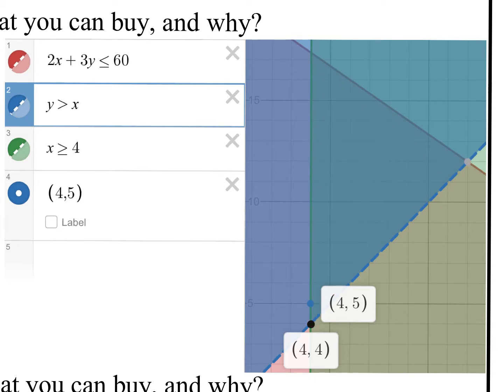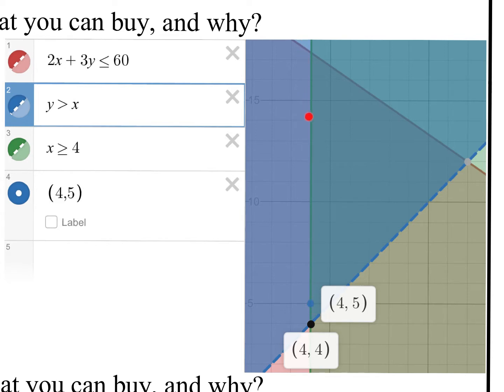I'm asking for the minimum number of blue bead bags, so that's y, given that you've purchased 4 red bags.